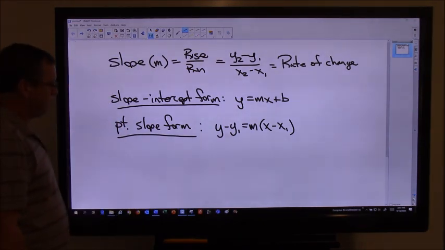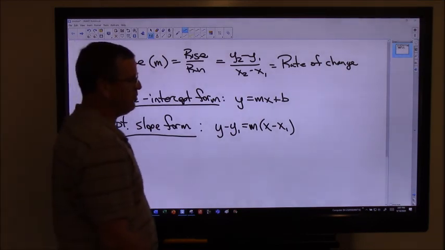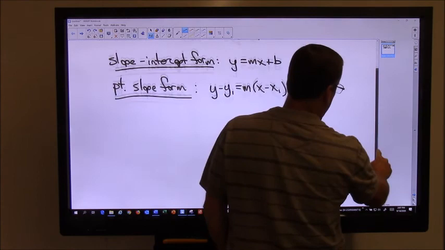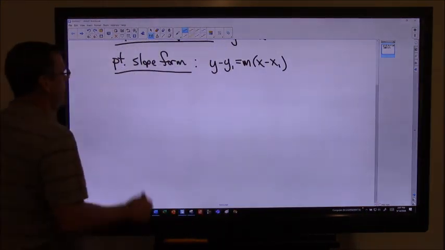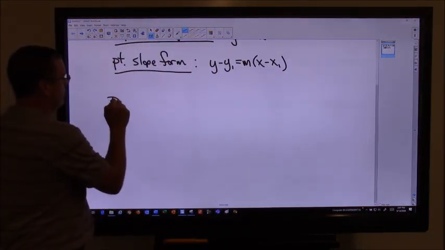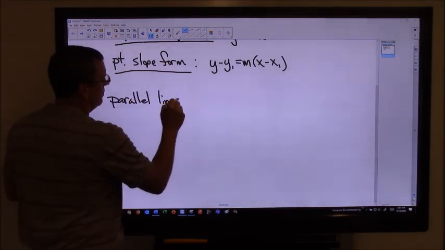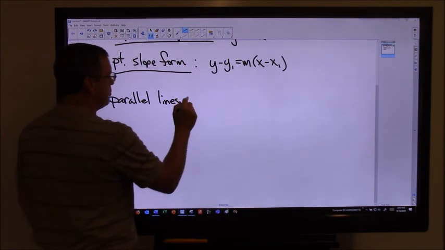All right? Some other information that we just want to remember about lines is that if we have parallel lines, they have equal slopes.